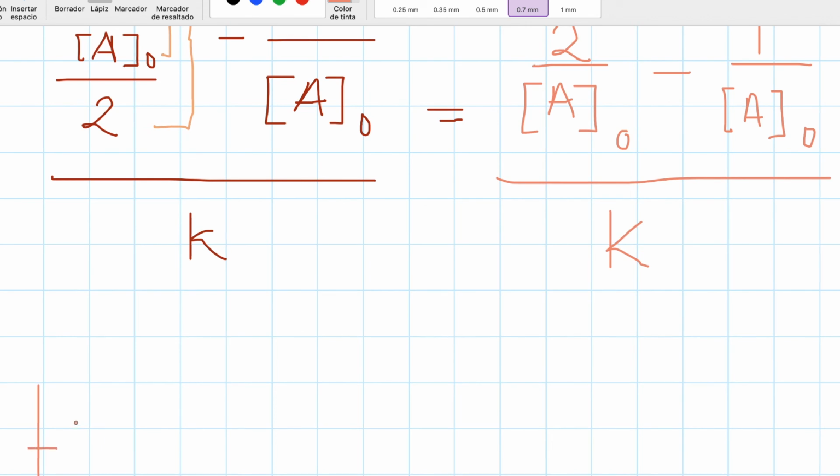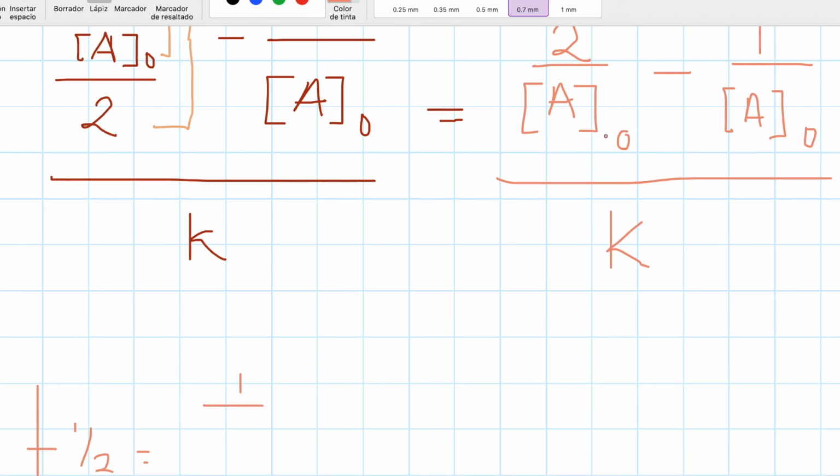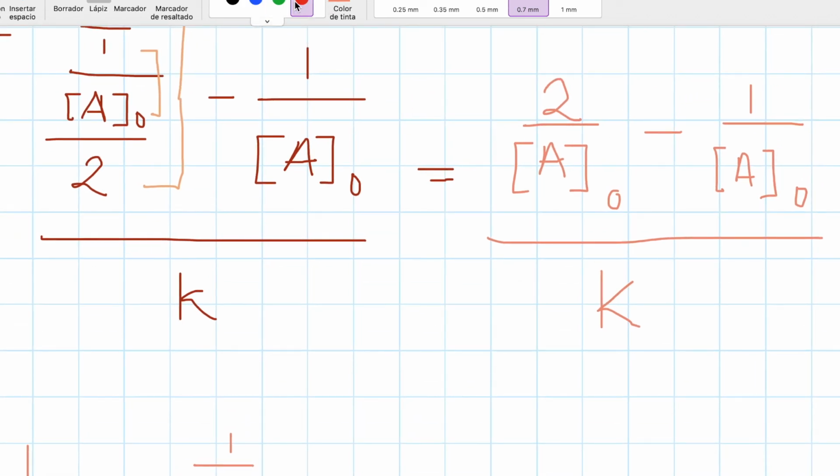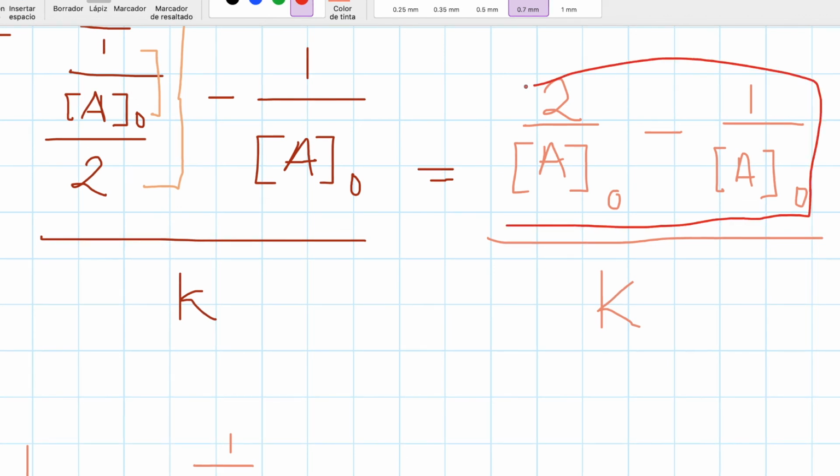Everything good so far? So let's go ahead and try to simplify our numerator once more. So T1/2 is going to be 1. We have the same denominator in our numerator, which is initial concentration. That might sound a little bit confusing.